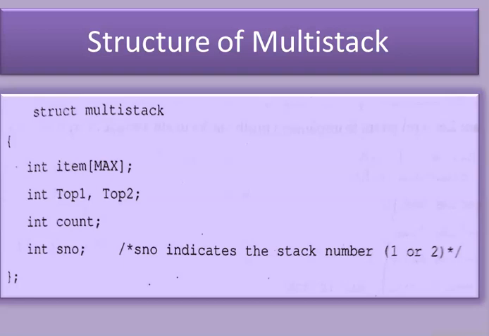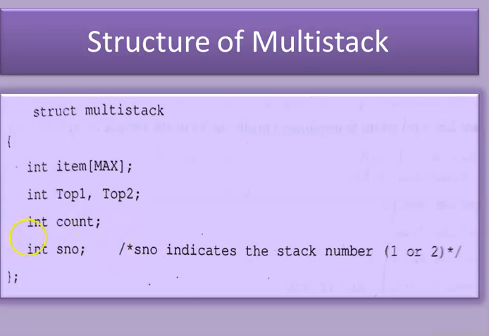We can have empty conditions also. If all the elements belong to the first stack, then there may be no elements in the other. The reverse can also happen. So it's not necessary that both stacks should have some elements. We can have empty stacks also.